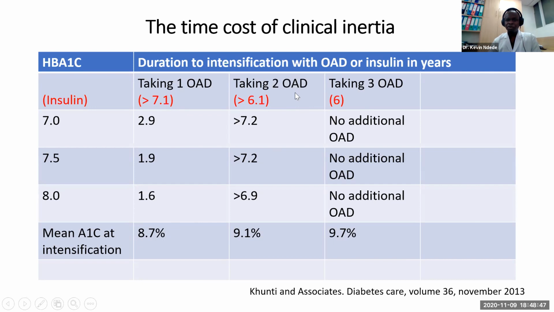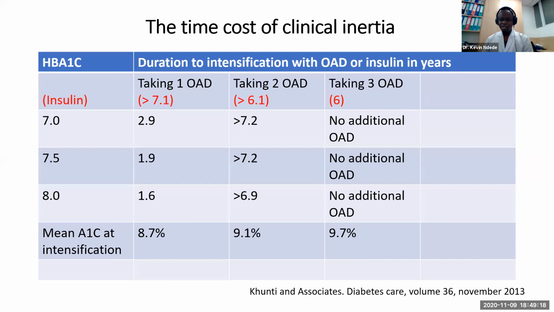For those taking 2 oral anti-diabetic agents, intensification with insulin took more than 6 years. And for those taking 3 oral anti-diabetic agents, again, it took longer than 6 years. So what we can see is that despite these very high HbA1c values, clinicians generally tend to wait up to 6 years before insulin is introduced.